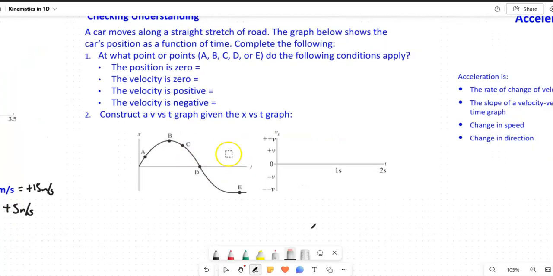Okay, and identify which one of those velocities are positive and negative slopes here, A, B, C, D, and E, and then we're going to construct this graph.